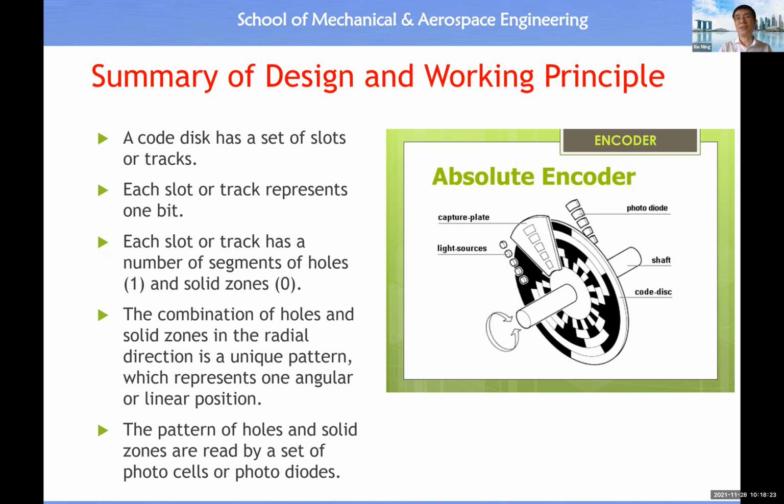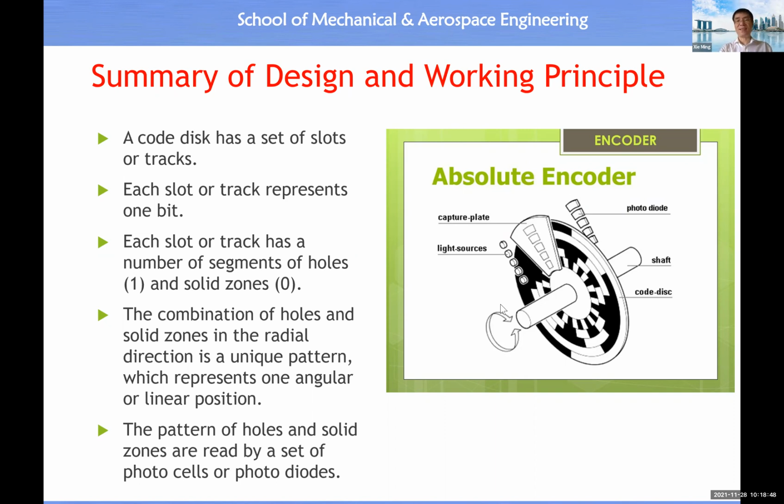So 360 degrees divided by 32 gives you the accuracy of the measurement. That means each position corresponds to an angular position equal to 360 degrees divided by 32. This is an illustration for an absolute encoder with 5-bit output.